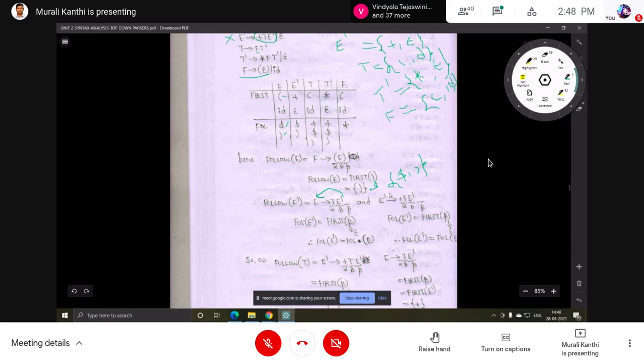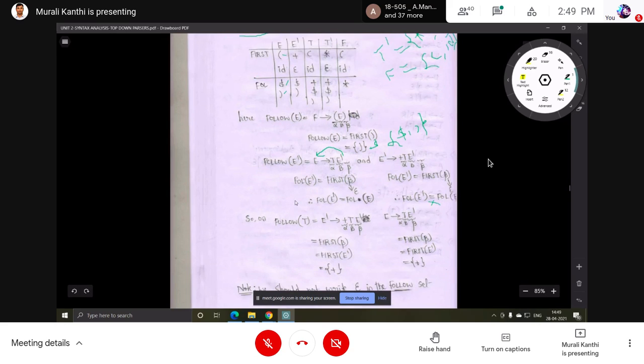But that is what we are finding now, so we don't consider this step. From the first production we get follow of E, and whatever follow of E is, those will be the follows of E dash: dollar, closing parenthesis. E is completed, E dash is completed.